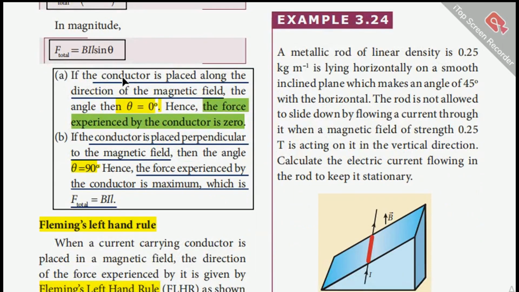If a conductor is placed along the direction of the magnetic field, theta equals 0, hence the force experienced by the conductor is also 0. But if the conductor is placed perpendicular to the magnetic field, the angle is 90 degrees, hence the force experienced by the conductor is maximum, given by F total equal to B I L.